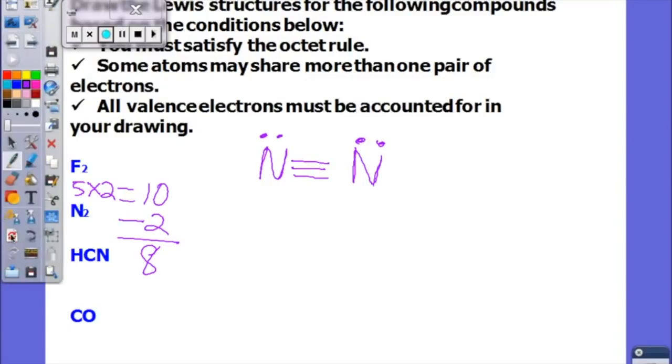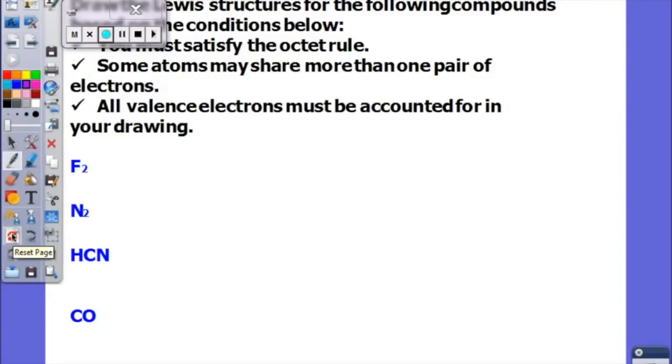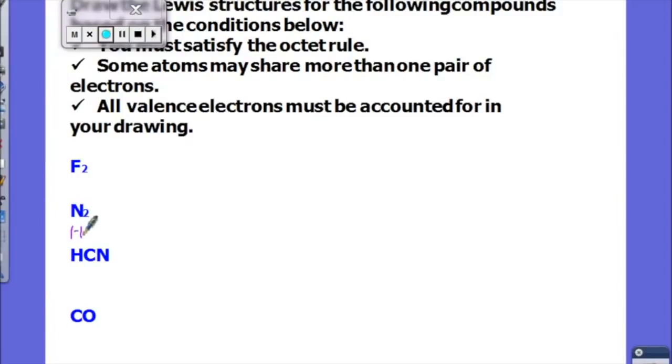Let's reset and do it for cyanic acid. Total: hydrogen in group 1 has 1 valence electron. Carbon in group 4A has 4 valence electrons. Nitrogen in group 5A has 5 valence electrons, for a total of 10 valence electrons.